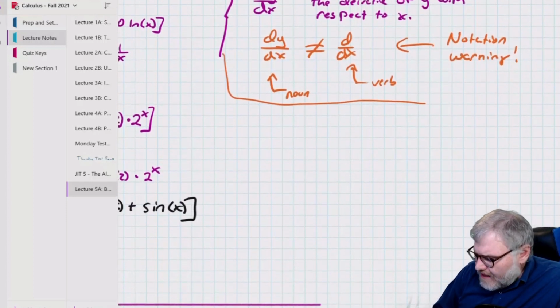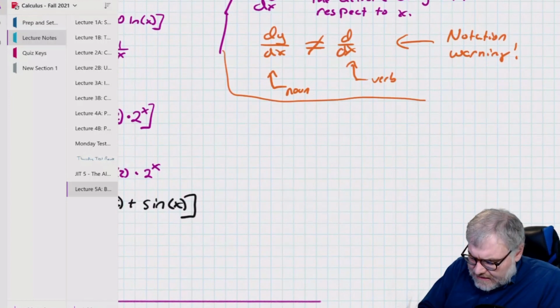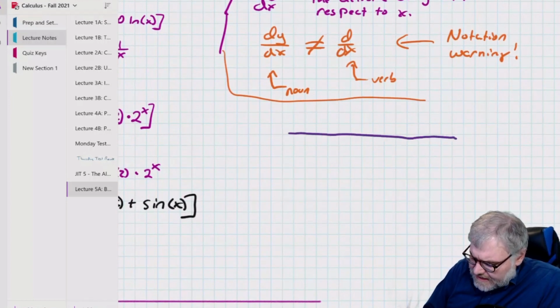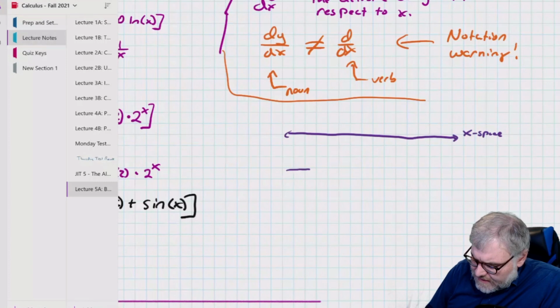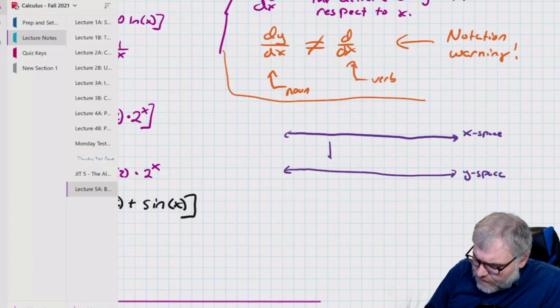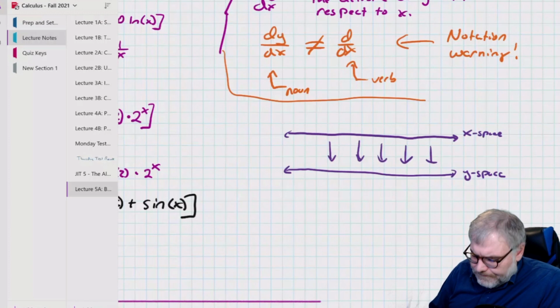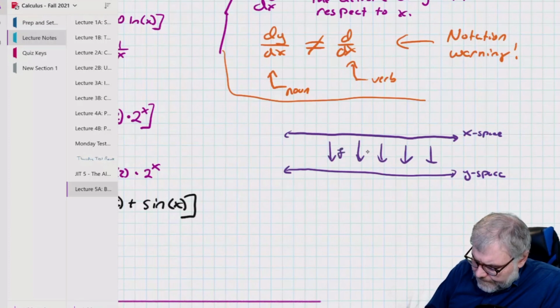So, let's look at this here. I've got the x space of a function, and here's my y space. f is going to take things from x to y. This is what f does.